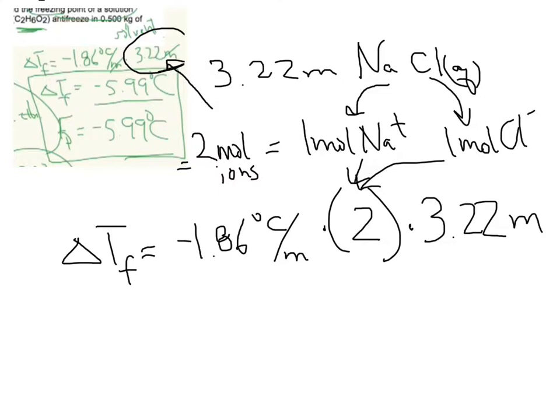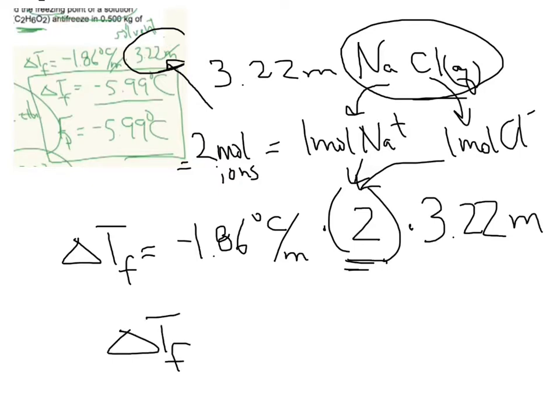Okay, so you just have to know that the number you multiply by the original molality is dependent upon the number of moles of particles that will be produced, based upon the type of particle. So when you solve this, delta T sub F is going to be negative 11.98 degrees Celsius.